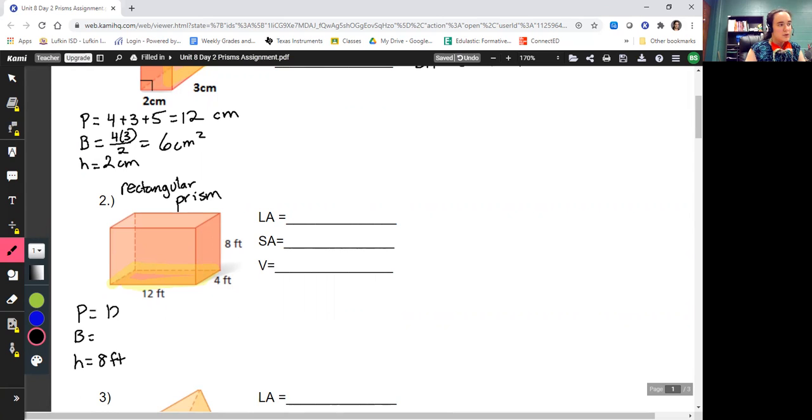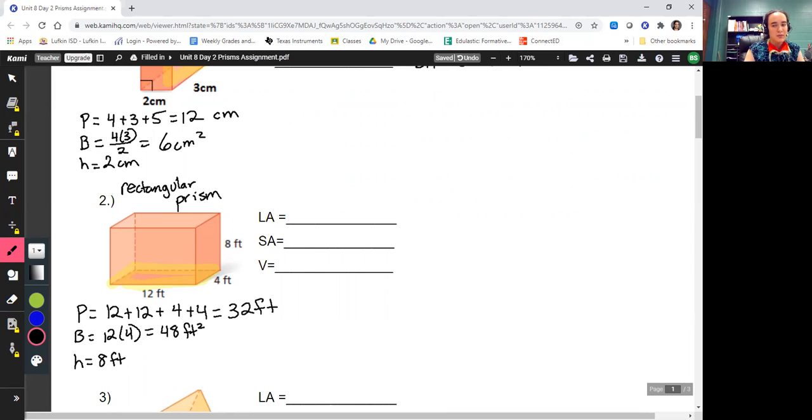Find the perimeter by adding up 12 plus 12 plus 4 plus 4. And that gets us 32 feet. And the area of the base, 12 times 4, is 48 feet squared.